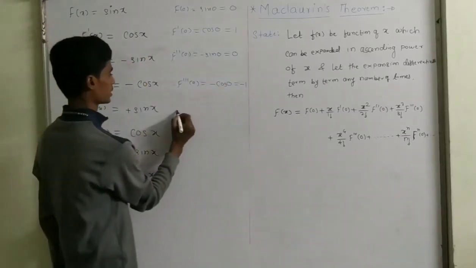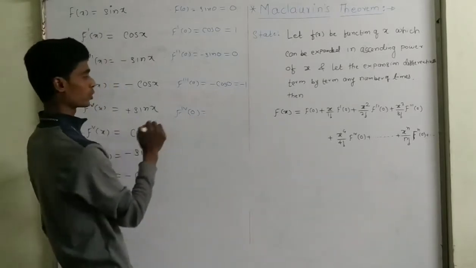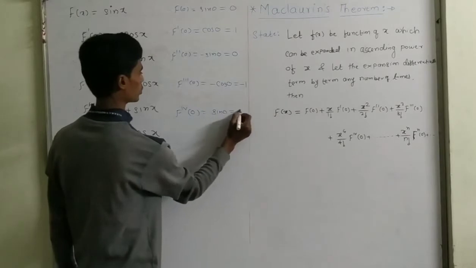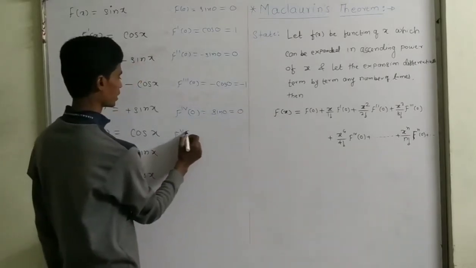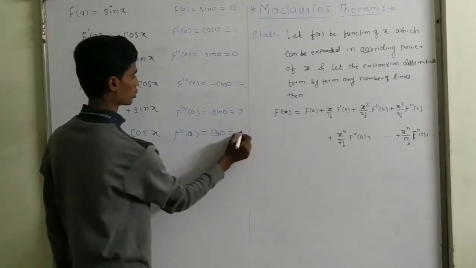Now the next, the fourth derivative of 0: sin 0 again becomes 0. The fifth derivative at 0 is cos 0, which is 1.